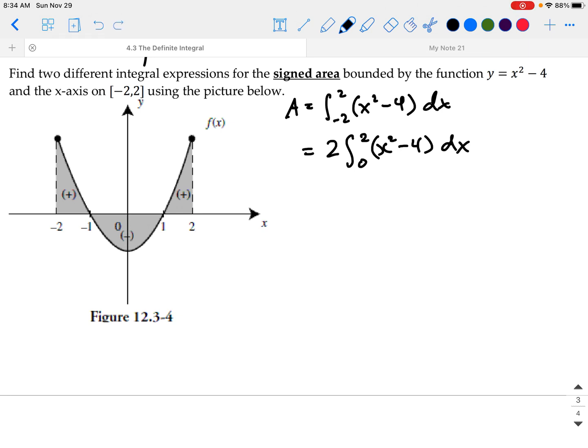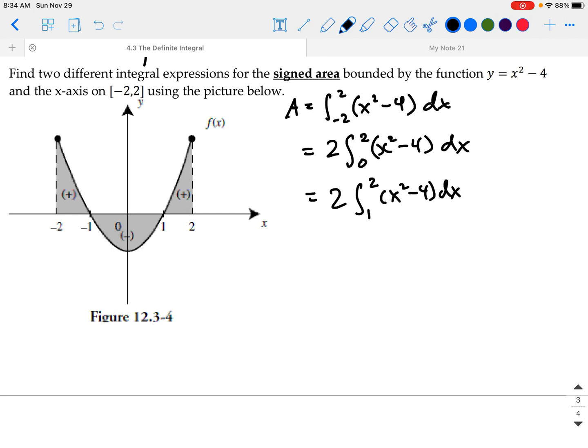And the reason why we're going to want to do that is because at 0, it might be easier to evaluate once we have the fundamental theorem of calculus. So then a different way we could also approach it is to take the two positive areas and combine them together. So we could write this as 2 times the integral from 1 to 2, let's say.